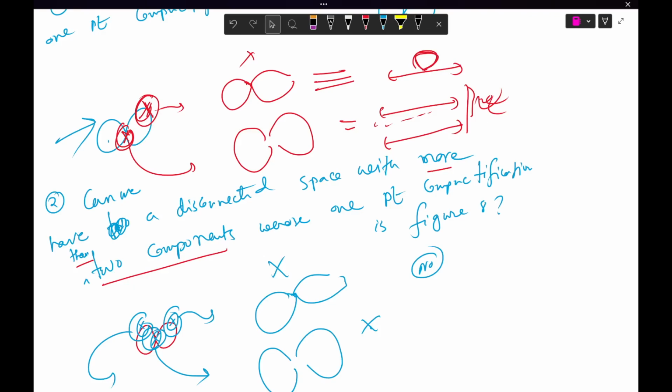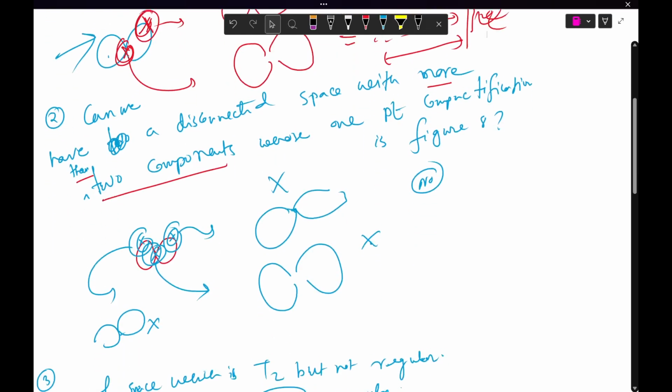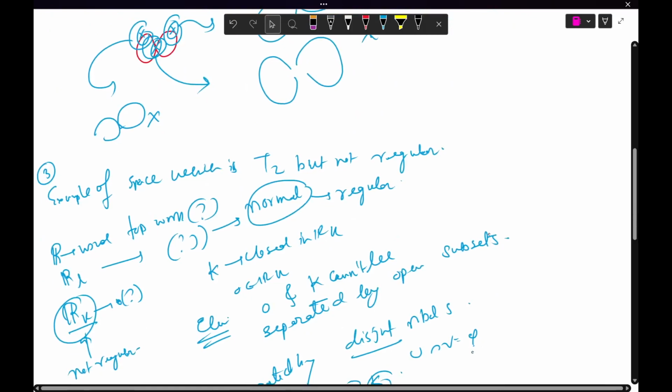But if you observe the picture of figure 8, you can remove one point from the circle or one point from the joining point. But anyway, you can get at most two components. So figure 8 can't be the compactification of any space having more than two components with one-point compactification. Okay. So these are the two problems that we discussed.